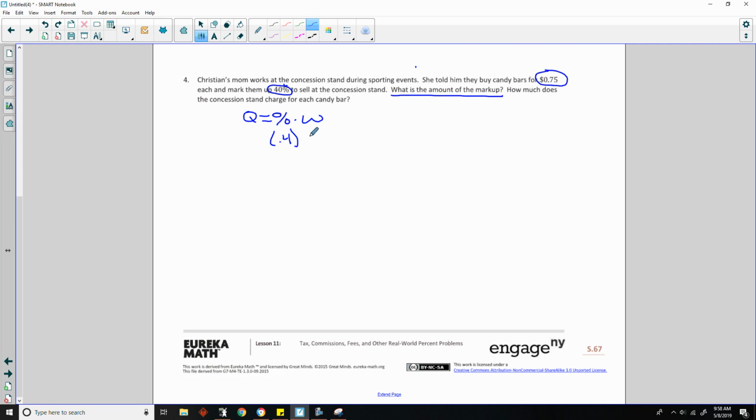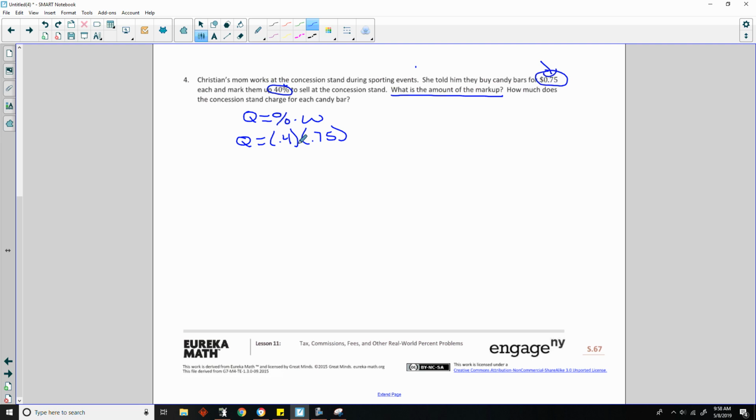We're trying to find out what value. The whole price they pay in this case is the 75 cents. The quantity we're trying to find is our marked up value. And so I'm just going to leave that Q. That's what we're trying to find. So it's Q equals 0.4, and the candy bars are 75 cents, so I'm going to put 0.75.